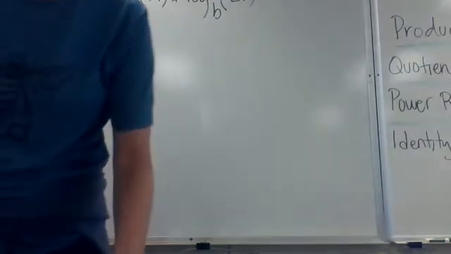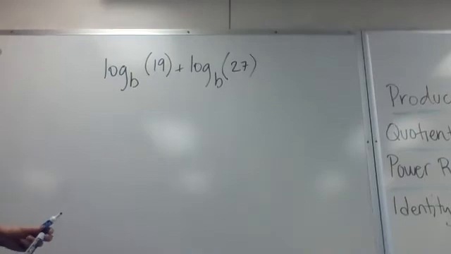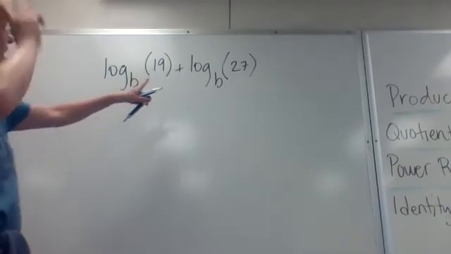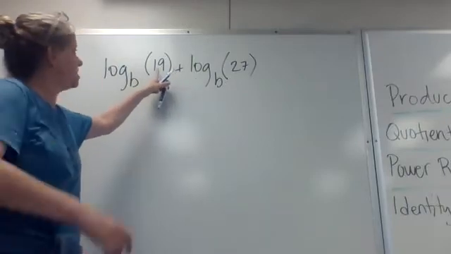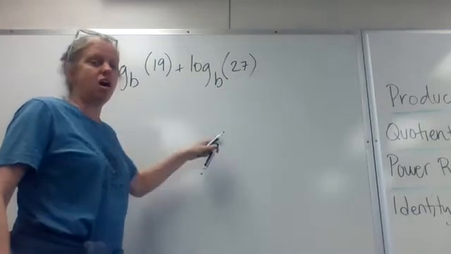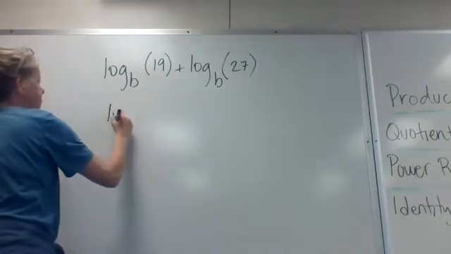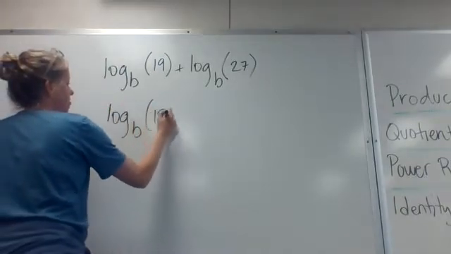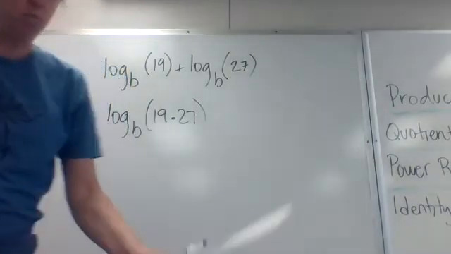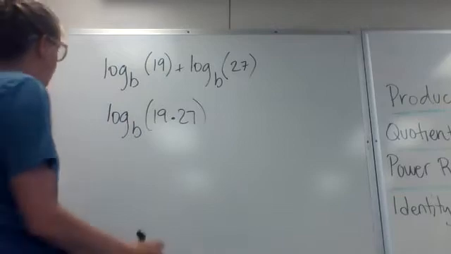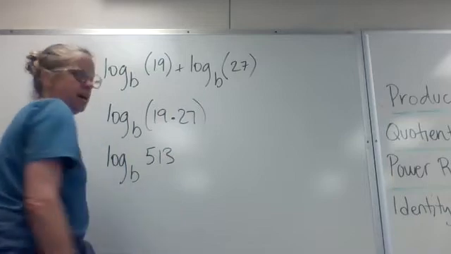And this one says to express it as a single logarithm. So I'm going the other way. What does this turn into? If they are being added together, the single log would be log base b of the numbers multiplied. So you're going to have log base b of 19 times 27, and then just multiply the 19 and 27 together. That gives you log base b of 513.